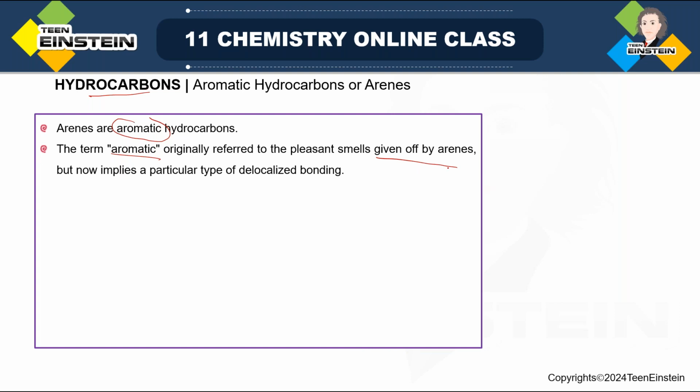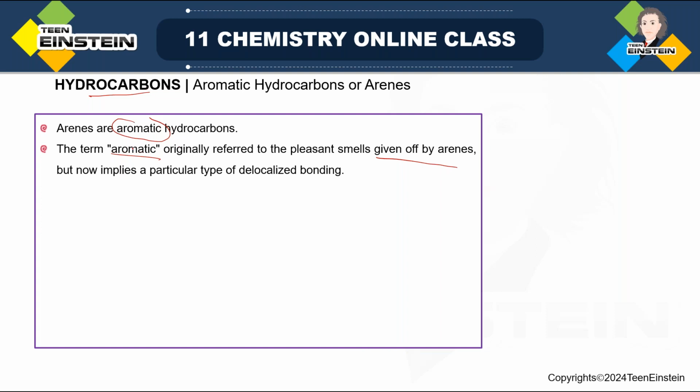It originally referred to the pleasant smell given off by some arenes. But the term that we use nowadays actually implies a different type of delocalized bonding. It is not just delocalization of electrons that you see in any other type of molecule, but something different. So when I say that it is showing aromatic property or aromaticity, which is a property shown by some molecules, that means there will be some special features in its bonding, related to the delocalization of electrons.